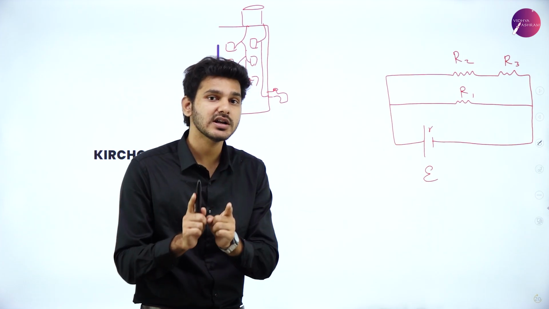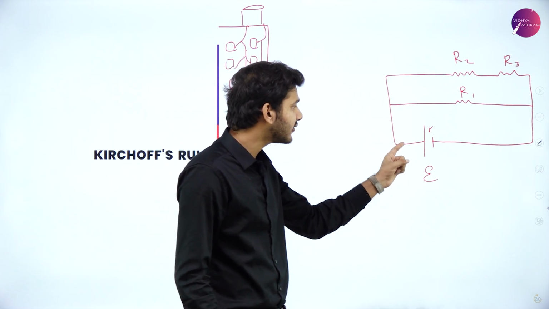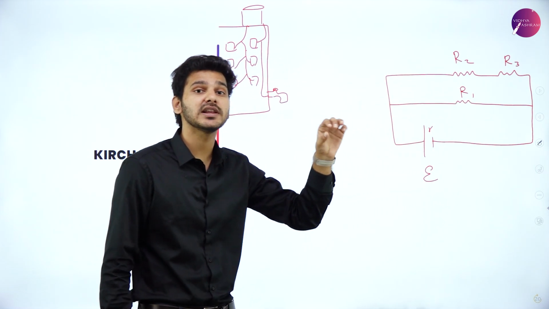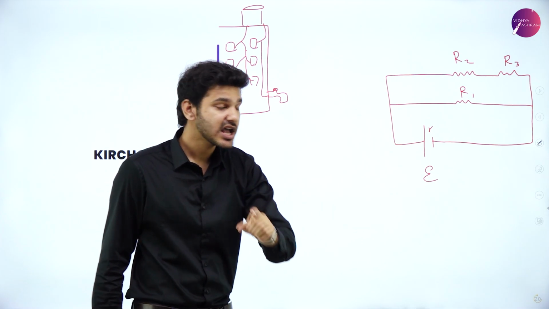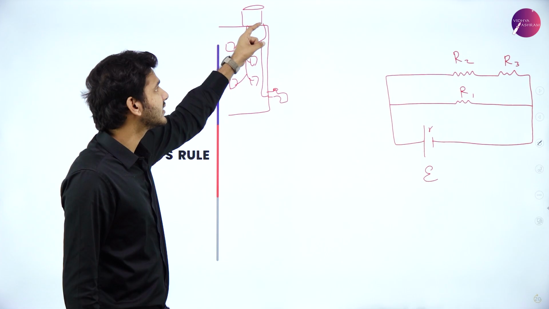There is only one cell connected to that circuit, but the current flowing through this circuit will be split.